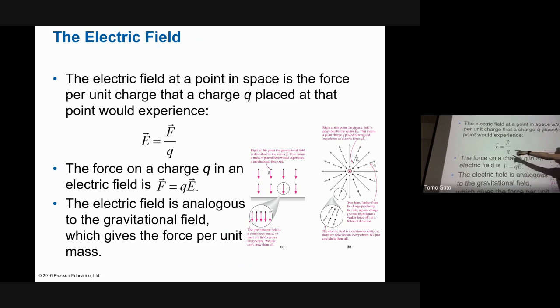So E is F divided by Q. So if Q is 1, the unit charge, then the force is the electronic field. So the force on the charge Q is given by the electronic field. Okay, this is the same thing.